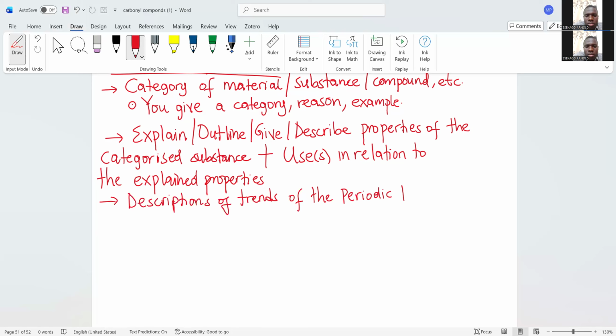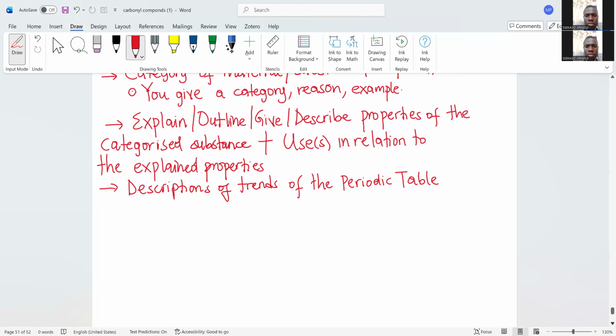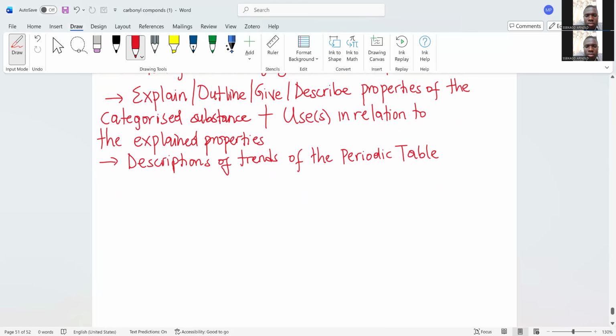Description of trends of the periodic table. As in, instead of explaining properties or describing properties, you can be tasked to describe a trend. Yeah, describe a trend. I have said we are going to see that. Don't worry if it is not making sense as of now.